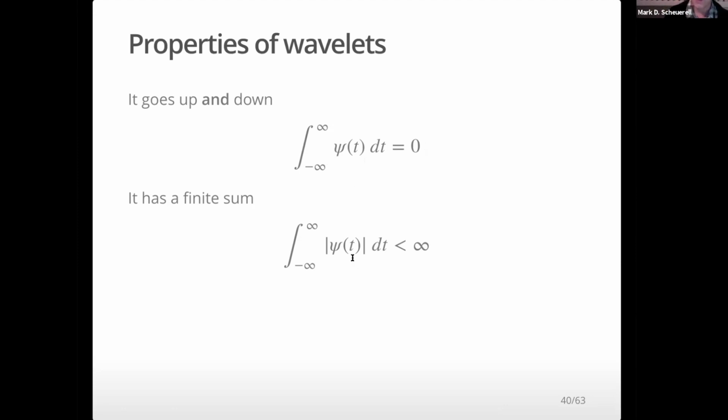And wavelets have a finite sum. So if you integrate it over that whole interval again, the absolute value of that will always be less than infinity. So that basically means, right, if this were a sine wave, the answer is no. Those won't work.